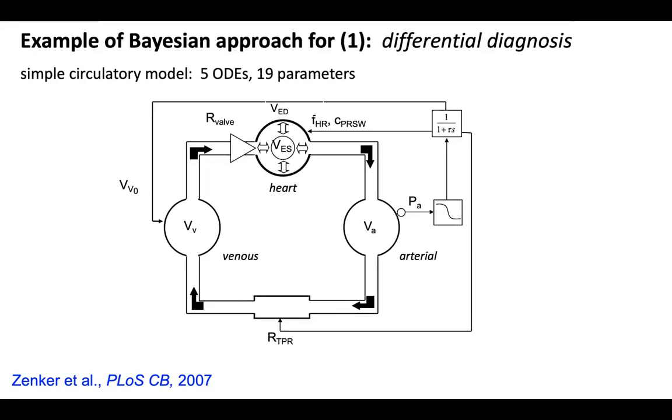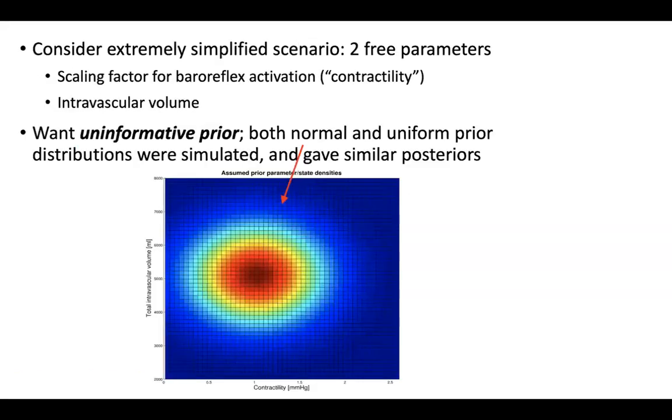I hope you can forgive me for that. The 2 parameters that I'm keeping free here are what amounts to the contractility of all of these tubes in our circulatory model, and the overall volume that's available. Those are kept free.